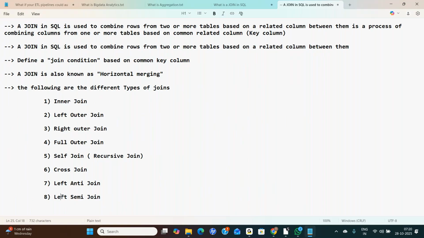So the first two and the last two are very commonly used in real-time development. Please remember, first two, last two, are very commonly used in project implementations.